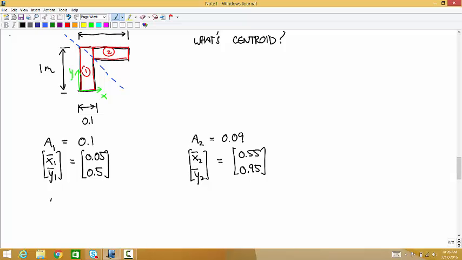The total area is this plus this, so 0.19.